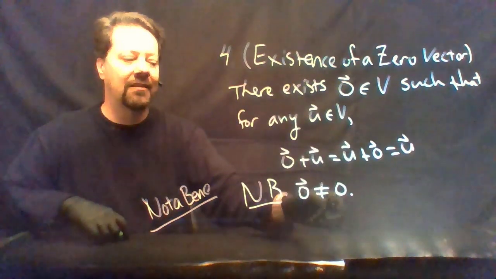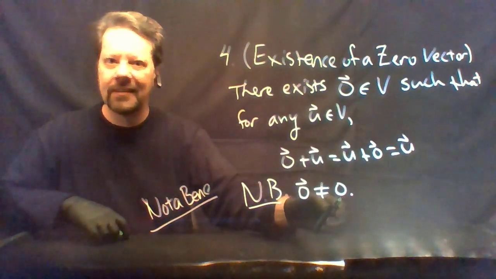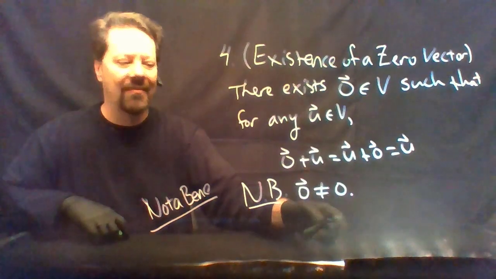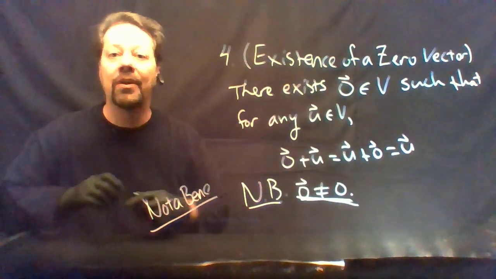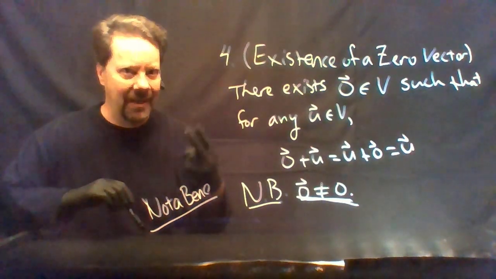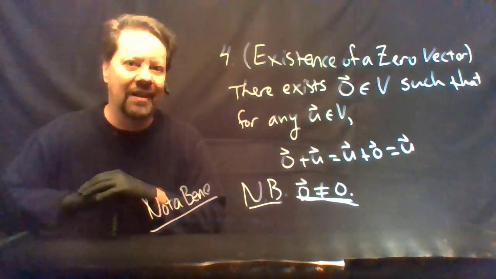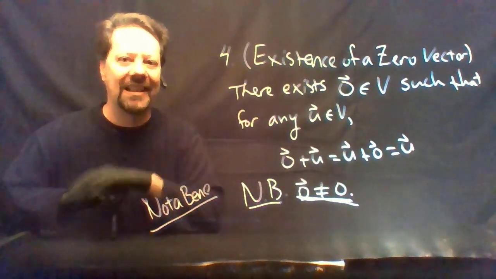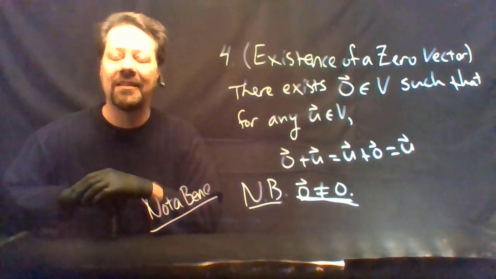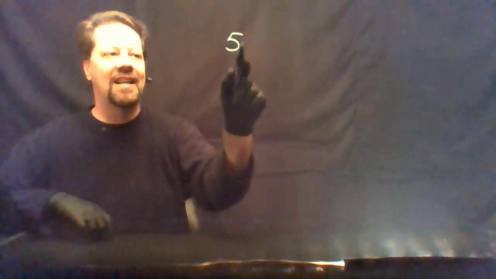This is a vector, that's some real number, they may not be equal. So you need to be careful in making distinctions which zero you're talking about. We're going to have at least a couple different zeros floating around now. So make sure that you write the half arrow to indicate which zero you're talking about, if it is the vector zero. And now the last of our strictly additive properties.